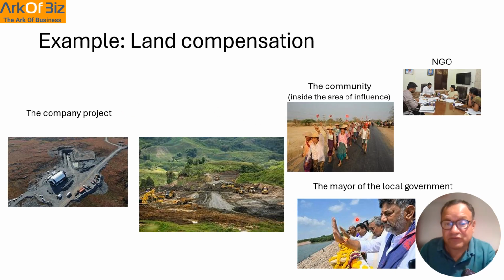Additionally, the mayor of the local government wants the company to participate in community development, but the company prefers to focus only on the project, not on social programs. So additionally, the NGO participates giving legal assistance so the community can seek compensation for the land.